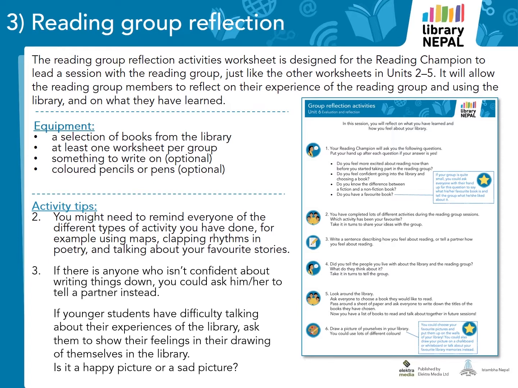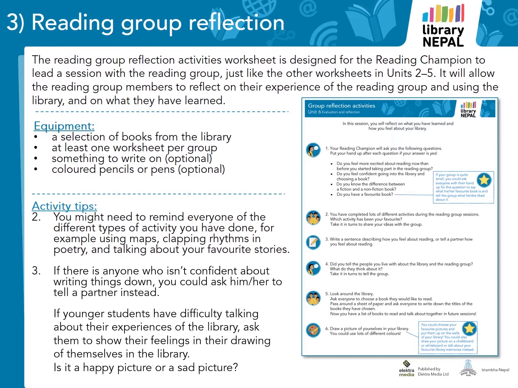Activity 4 is a further discussion activity that prompts the students to talk about the wider impact of the library group. They will discuss whether they told the people they live with about what they have been doing in the library, and describe what those they told thought about it.